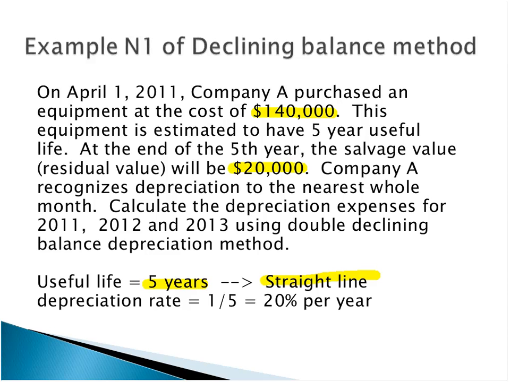And then you have to divide by 5 years. Let me type it, that would be very easy. 140,000 minus 20,000 is equal to 120,000, right? And divided by 5.